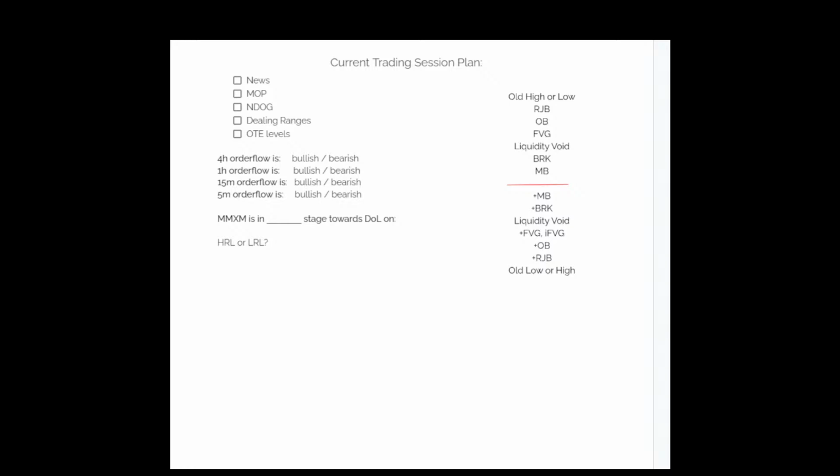All right, so here we have a 4-hour bearish order block. We had a 4-hour bearish order block over here, which we came just up to. We have one over here, which maybe we will come back up to. The bottom half of that is inside the OTE levels.